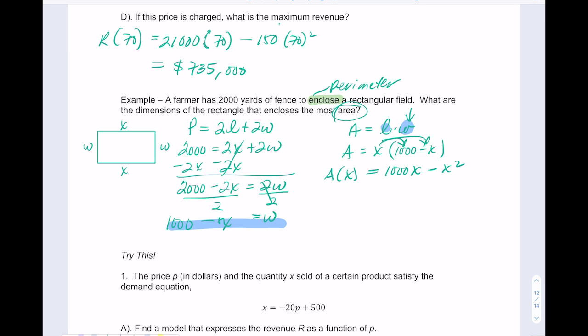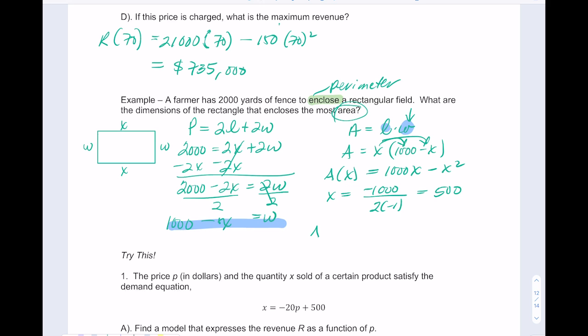Okay, so I'm going to do the same thing. We're talking about most area or maximizing the area. So I want to find the x value of the vertex, which is negative b. So b here's 1,000 over 2 times a. So you end up with 500.